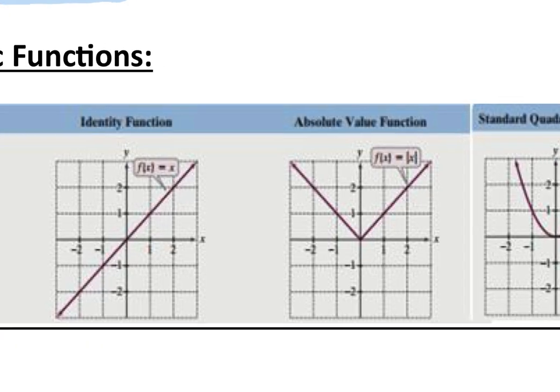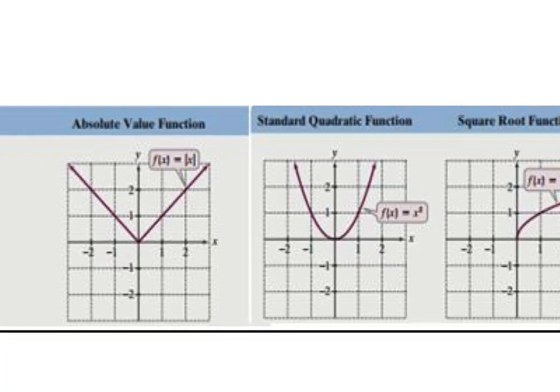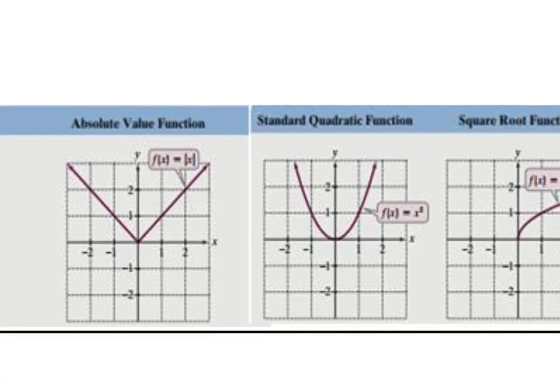The third one we have is the absolute value function. The basic absolute value function is just the absolute value of x. This is a V shape, nothing special, with its bottom point at the origin. We're going to play around with this one quite a bit in this section and the next section because it is one that's pretty easy to manipulate.